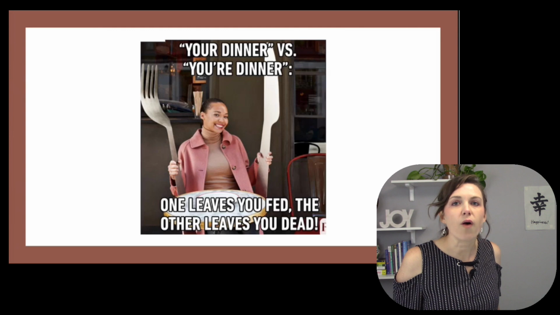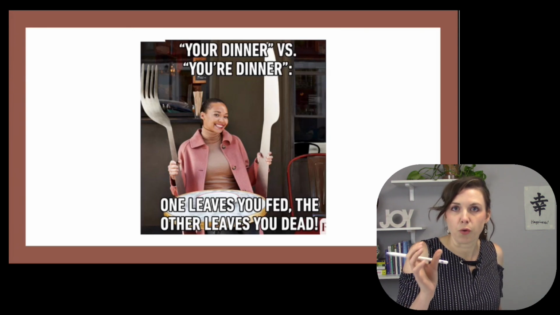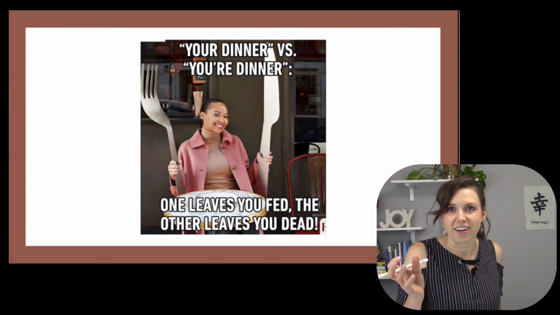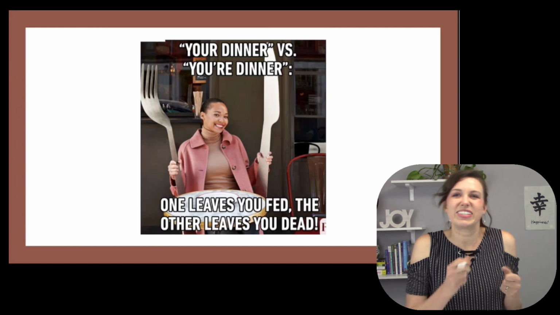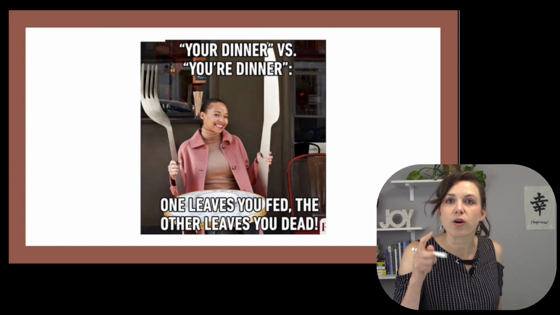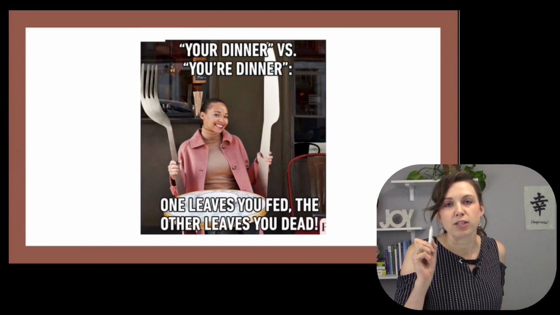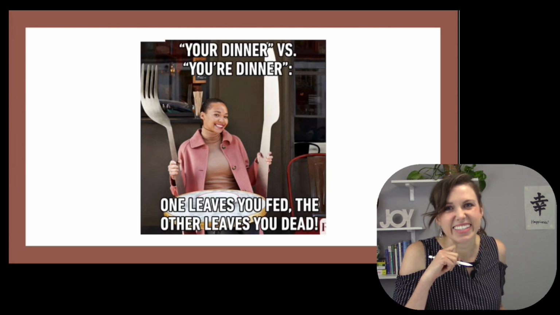But instead of saying "you are dinner," it just sort of became "you're," okay? So it's like, ooh, I'm hungry, right? You're my dinner. So that's the difference between your and you're. Really make sure that you use them correctly, okay?